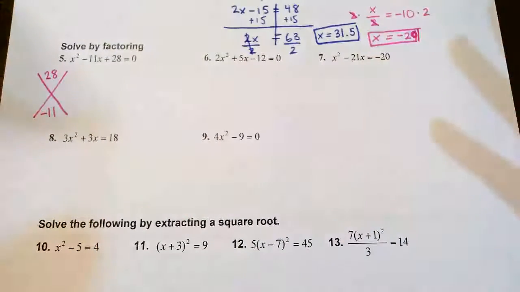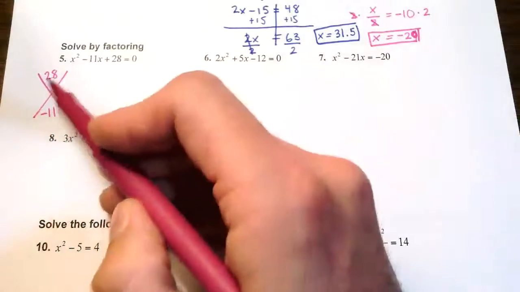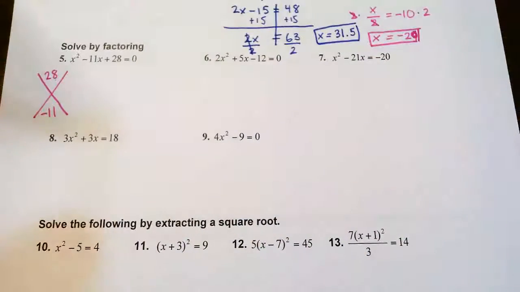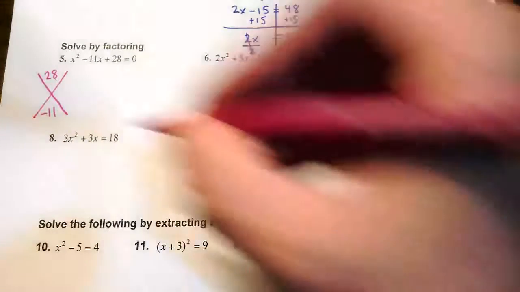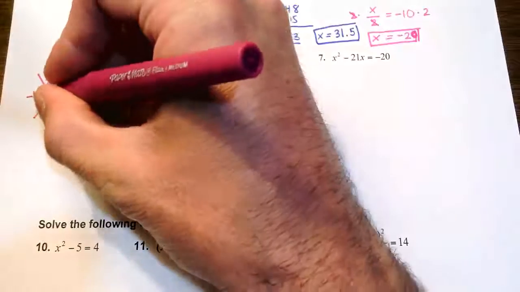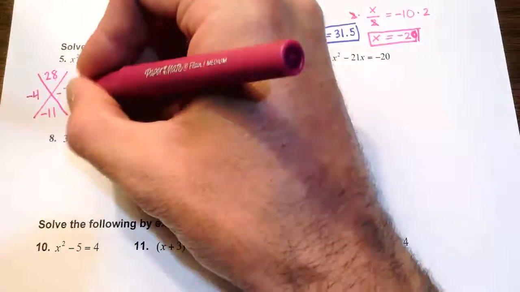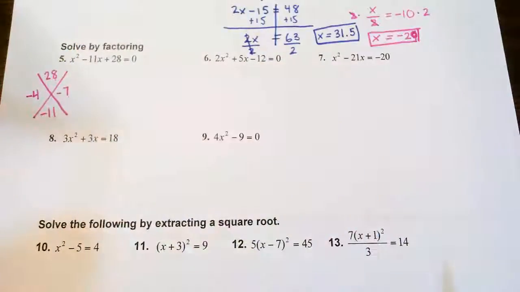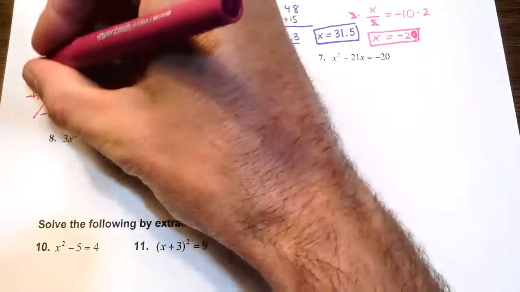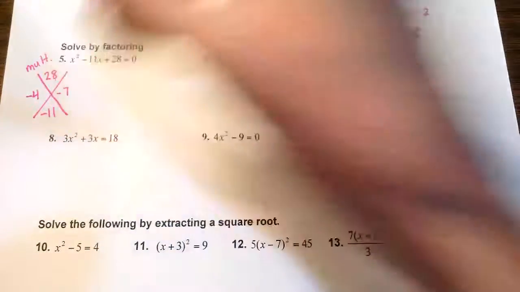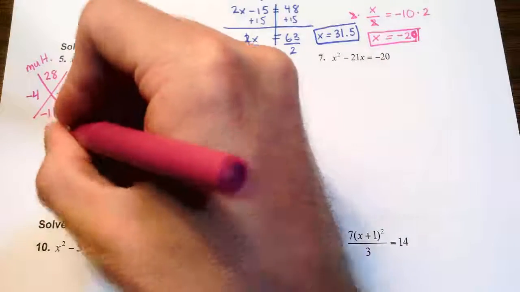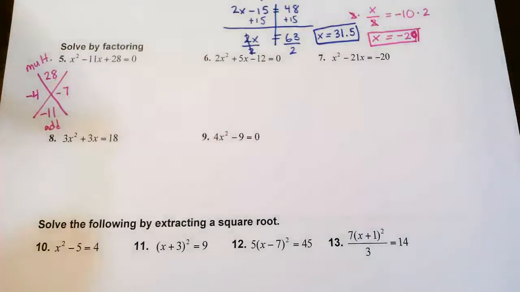But none of those add up to a negative. So there is another way for us to multiply and get 28. Could be 2 negative numbers. So I think that's what it's going to be this time. It's actually going to be negative 4 and negative 7. So when I multiply those together, I get 28. And when I add, I get negative 11.